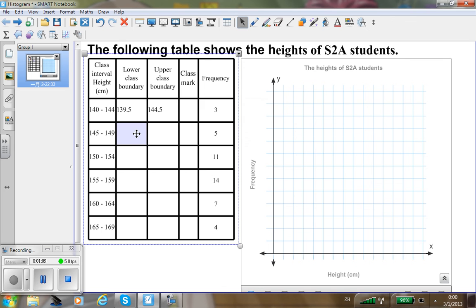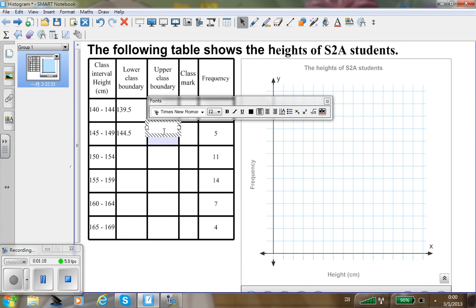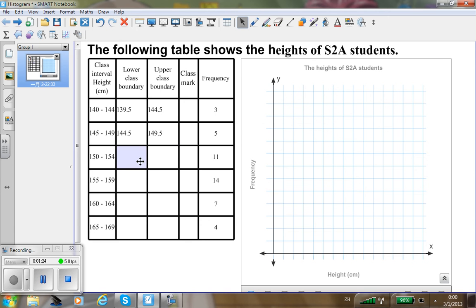For the next class, the lower class boundary starts from 144.5 cm, and the upper class boundary is 149.5 cm. So for the first class, instead of 140 to 144, we start from 139.5 to 144.5.